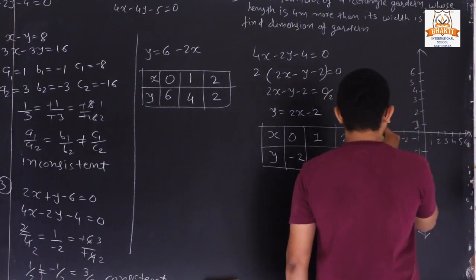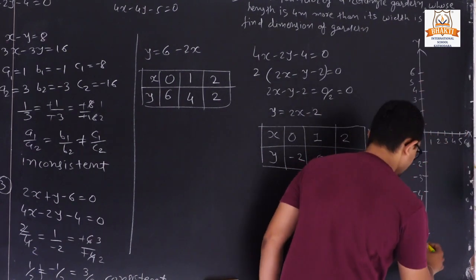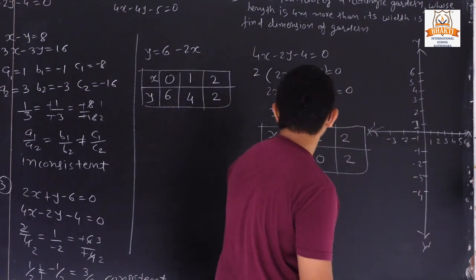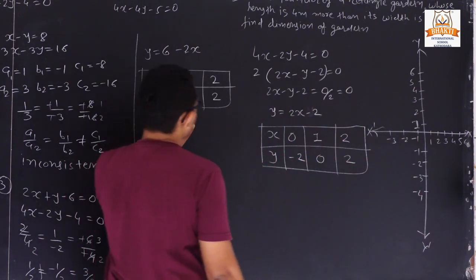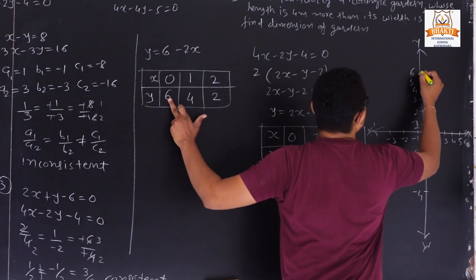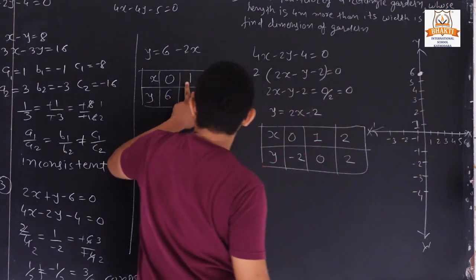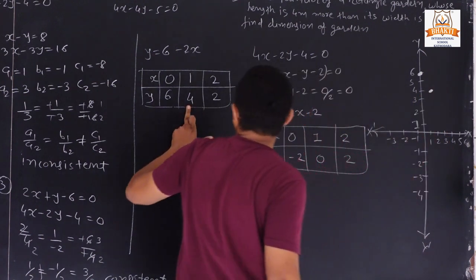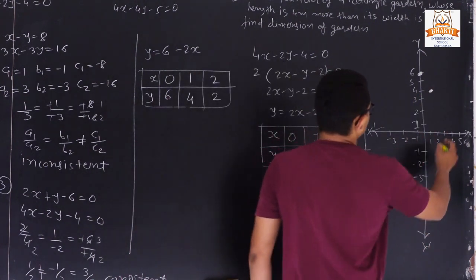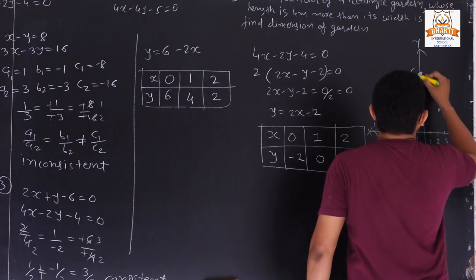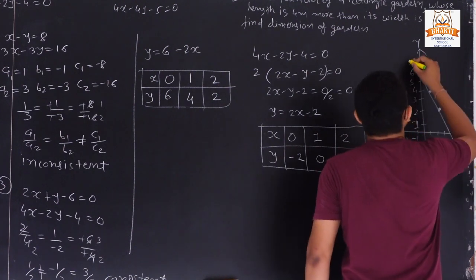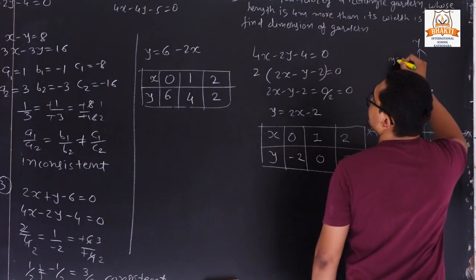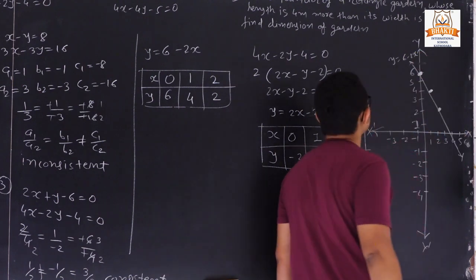It is x, x dash, y, y dash. Now here x 0, y 6, so it is here. Then 1, 4, so it is here. Then 2, 2, so it is here. So the graph is like that. So it is the graph for y is equal to 6 minus 2x.